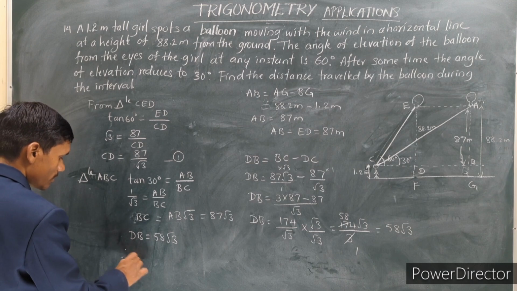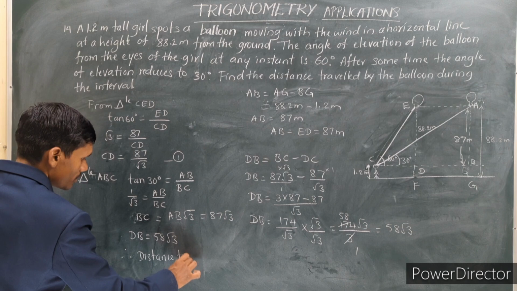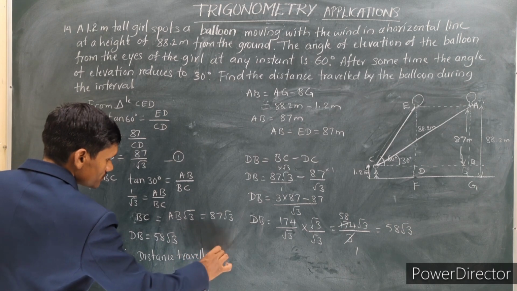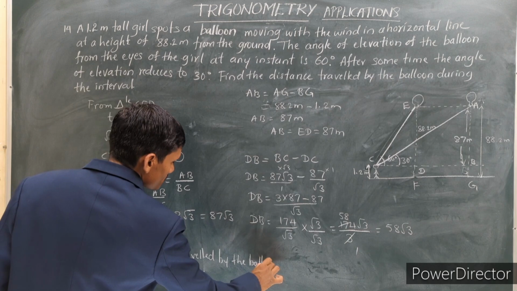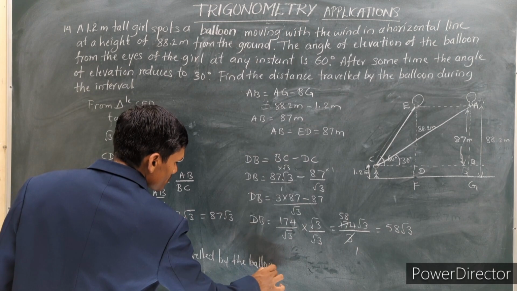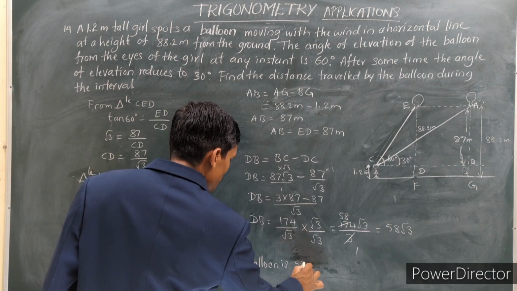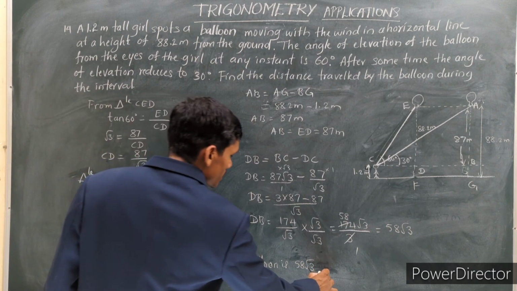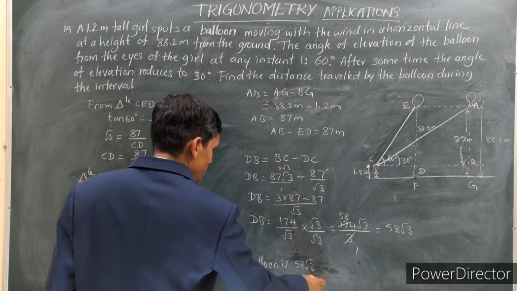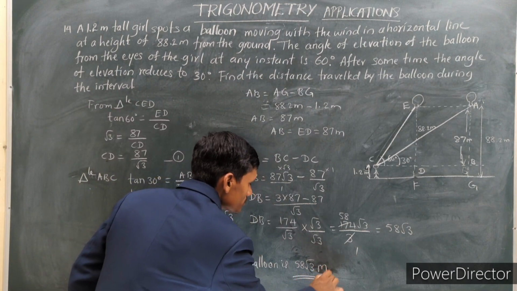Therefore the distance traveled by the balloon is 58 root 3 meter.